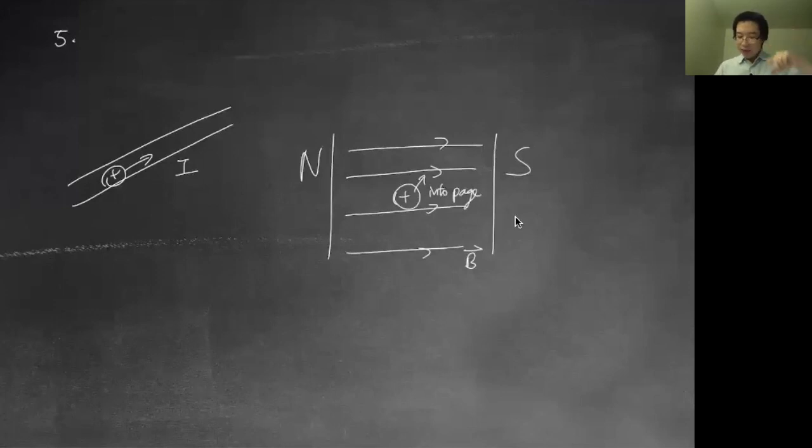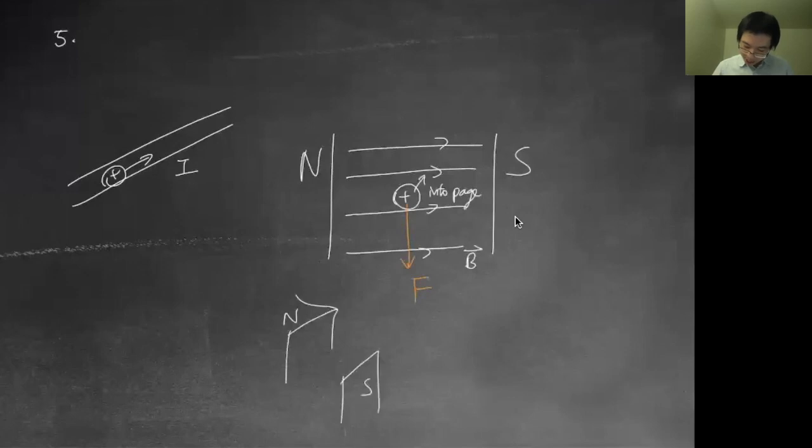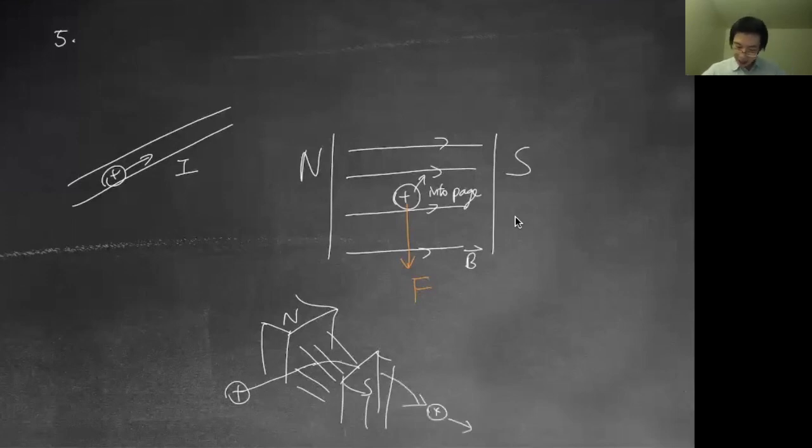So if I attempt to draw a 3D diagram, which I might fail, but we'll see. If I attempt to draw a 3D diagram like this, and I send a positive charge careening into the field, as soon as it goes into the magnetic field, it will experience a force that bends it downwards, and it will shoot out the other side, bent downwards.